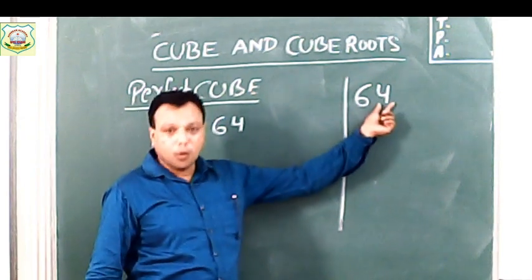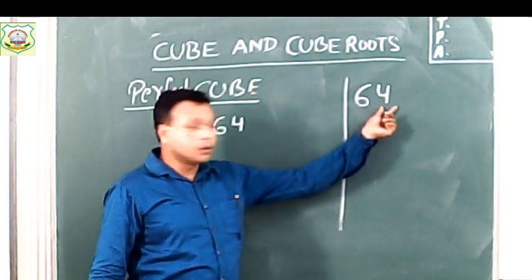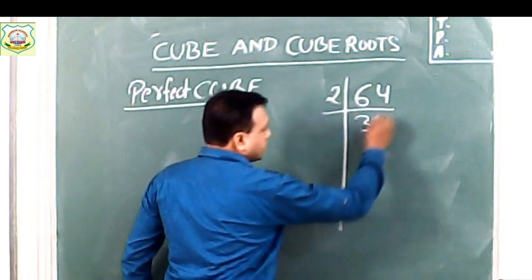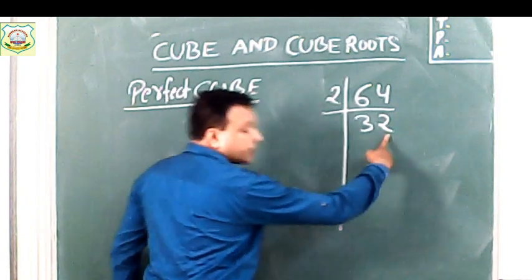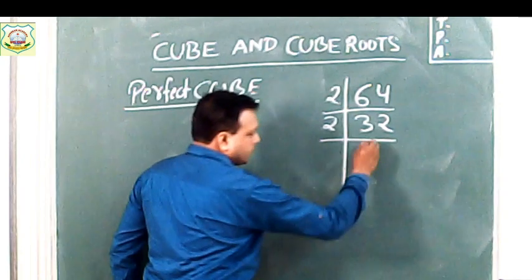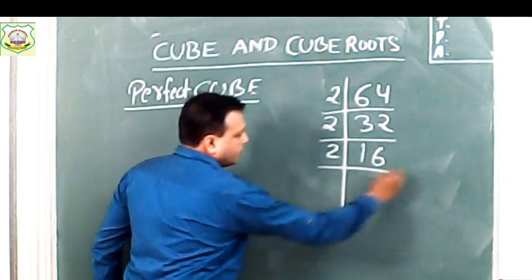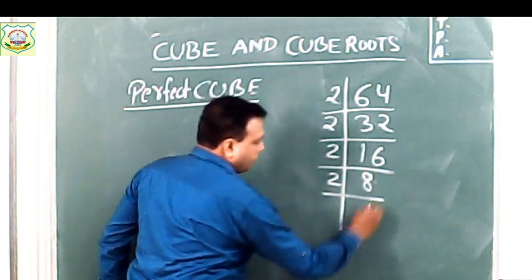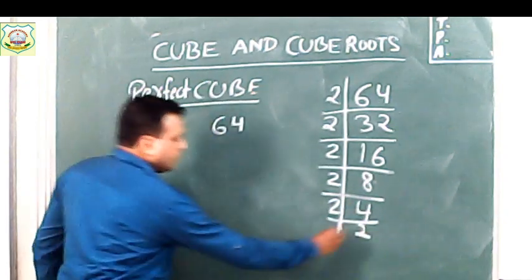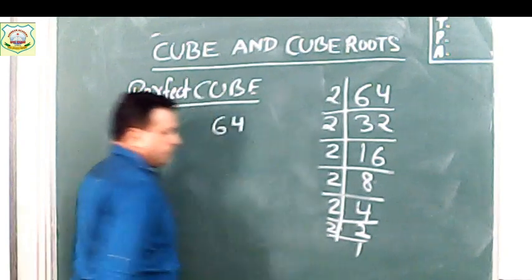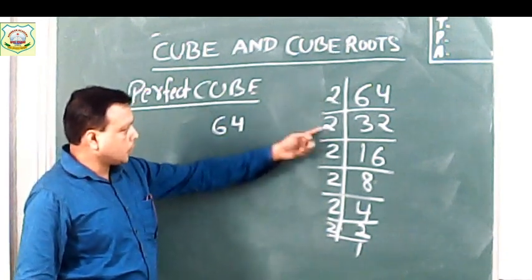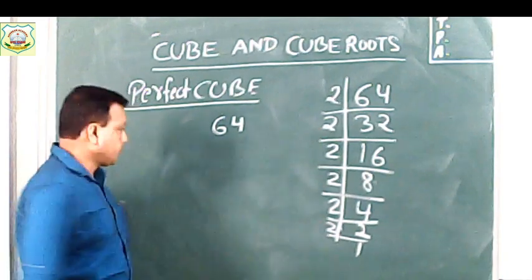The last digit is 4, so it is divisible by 2. 2 thirty-twos are 64, then 32. Again the unit place digit is 2, so divide by 2: 16, again 8, 4, 2. At last, how many times is 2 here? 1, 2, 3, 4, 5, 6.